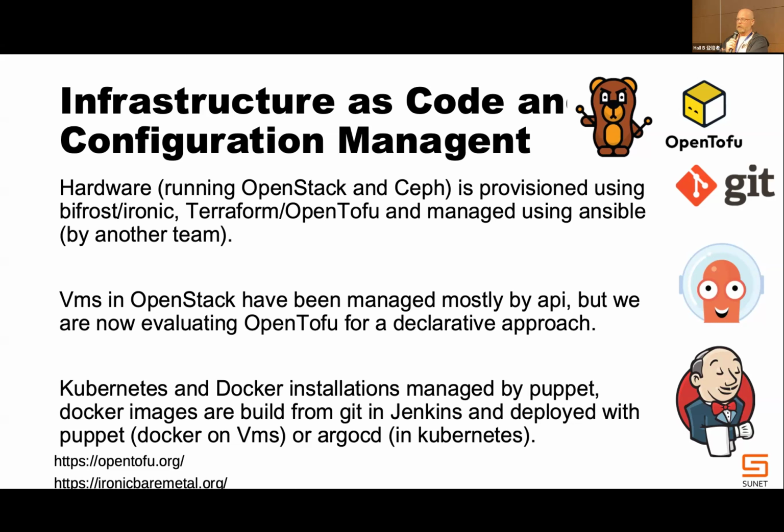We sign all of our Git commits using GPG keys, and our Puppet setup is deploying only commits that have been signed by keys that it's allowed to trust.